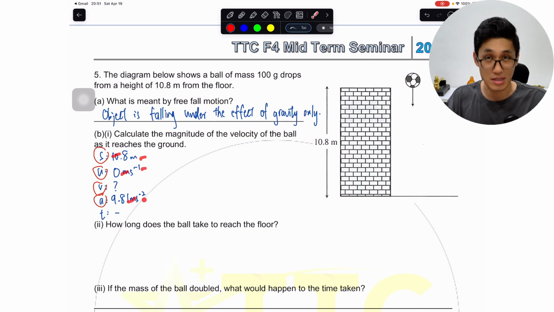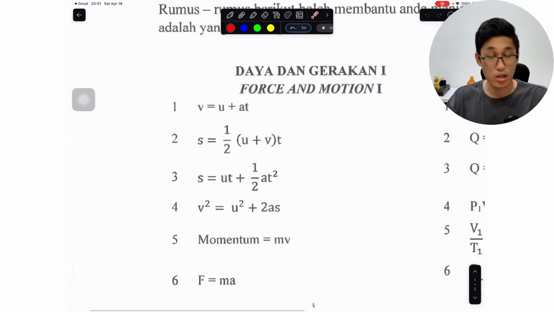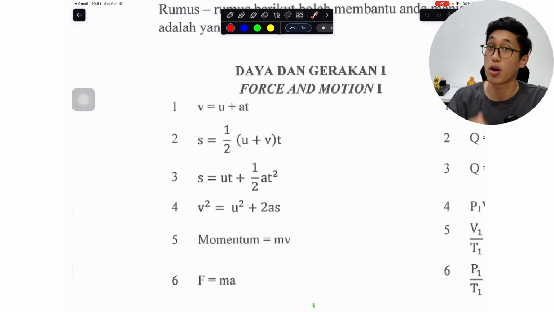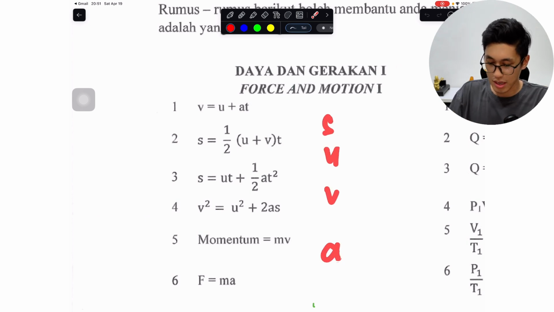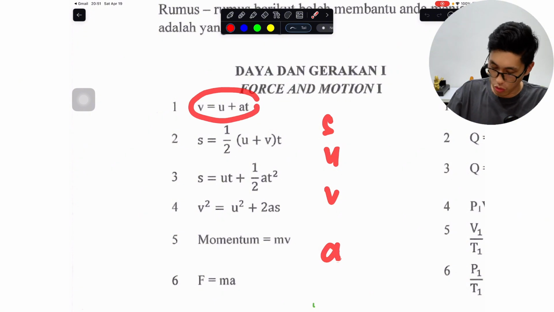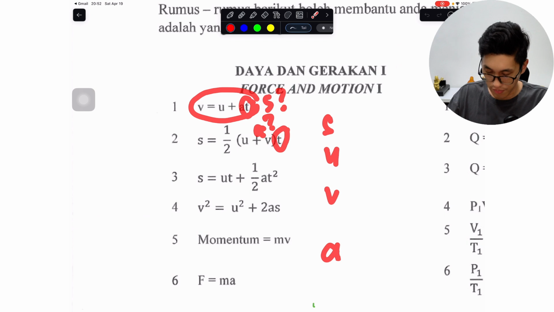S, U, A, because you have these things, and V because you want to find that. So look through the 4 formulas. There is actually only one formula that has this combination of S, U, V, and A. This one has no S, right? And this one has T, cannot find. This one also has T, and it has no A, right?